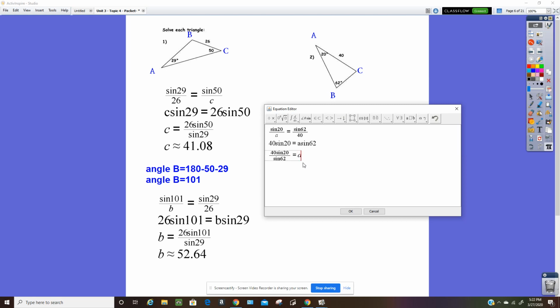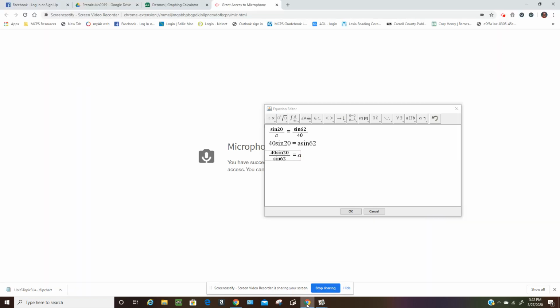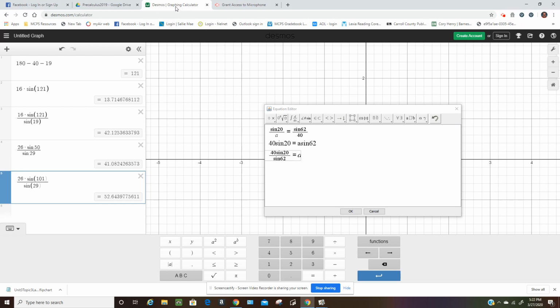To find a calculator, if you don't have a graphing calculator at home, you can just go to Desmos.com. So if I go to my Google Chrome here, I already have Desmos opened.